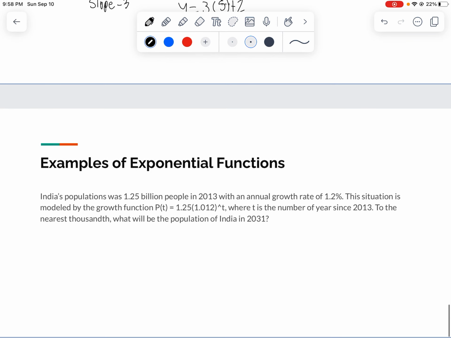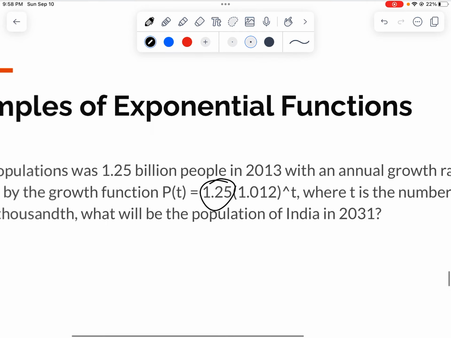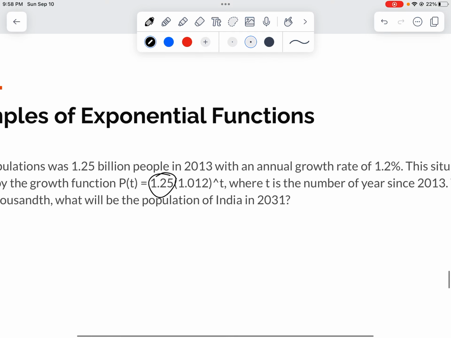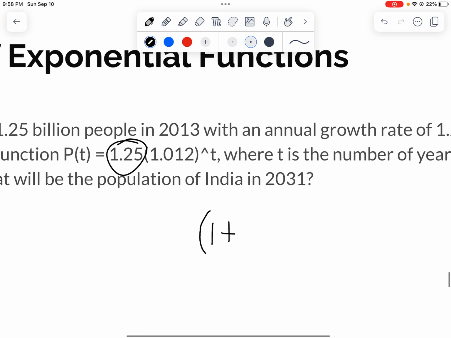And then this is an example of an exponential function. India's population was 1.25 billion people in 2013, with an annual growth rate of 1.2%. This situation is modeled by the growth function P(t) equals 1.25, the initial value, times 1.012, which is basically our rate.